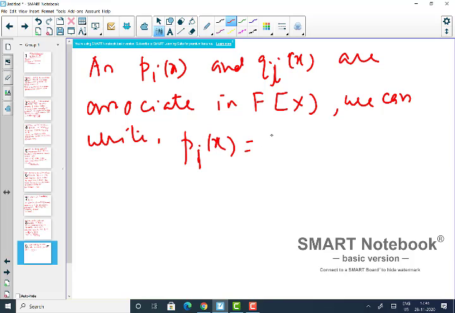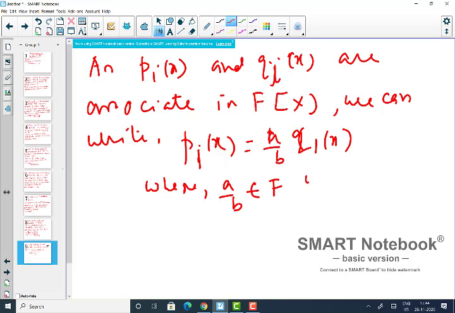So say p1 of x equals a over b times q1 of x, where a and b belong to R. I am taking the smallest representation, so the GCD will be equal to 1.